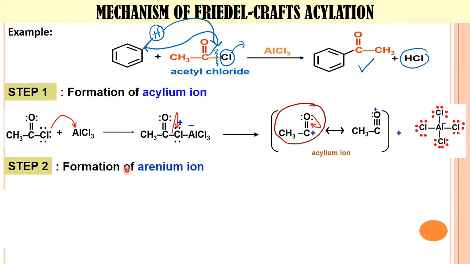Okay, so kita punya catalyst tadi dah jadi aluminium 4 klorin kat sini. Aluminium tetrachloride ion, AlCl4 minus. Okay, step number 2. Apa yang berlaku?